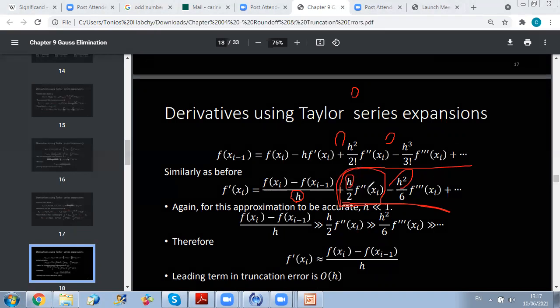This is why we say that the truncation error is of the order of the first term, which is expected to be the highest term, and it's of order h. And again, I repeat, the only assumption we are making is that f second and f third are not very large numbers.